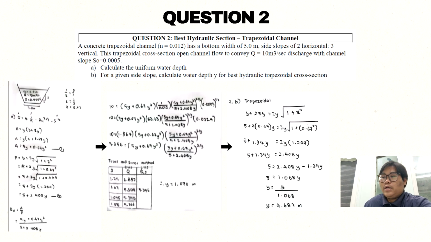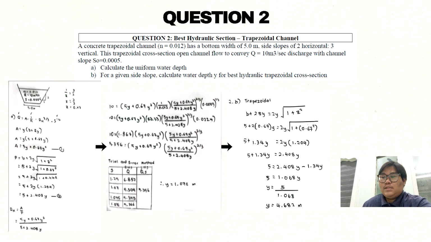I choose again 1.075, and I get 5.345. And for the last one, I'm choosing 1.078, and the Q is 5.366. So I'm using y equals 1.068 meter because it is near to 5.356.